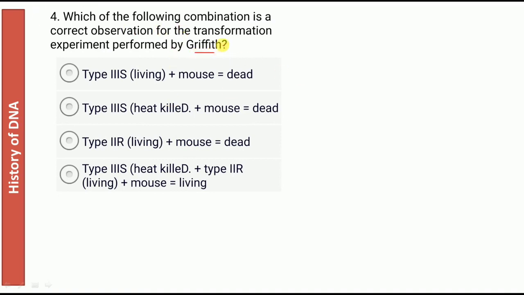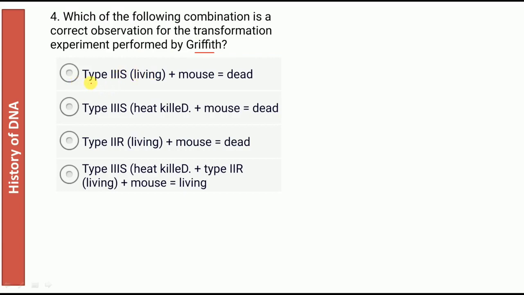Again the question is on Griffith's experiment. Which of the following combinations is the correct observation for the transformation experiment performed by Griffith? So we have to select the correct option.